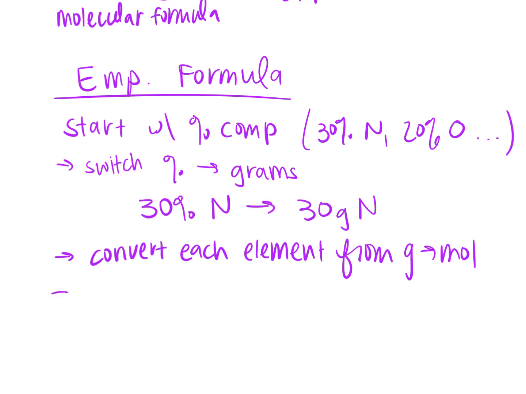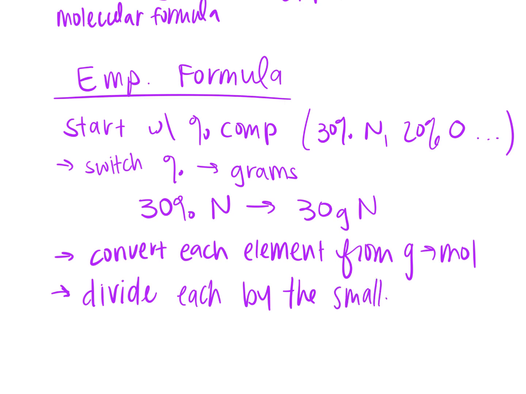Once we've done that, this is going to make more sense when we see an example problem, but I want to have the steps listed out here first. Once we've done that, we're going to divide each by the smallest number of moles. We're going to take each of those mole values and divide them by the smallest number of moles we have.